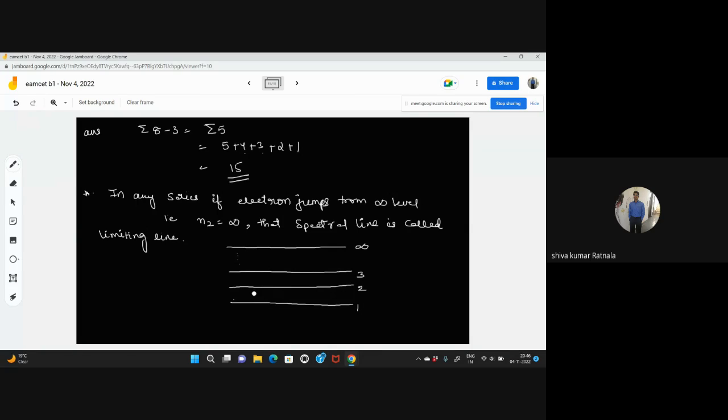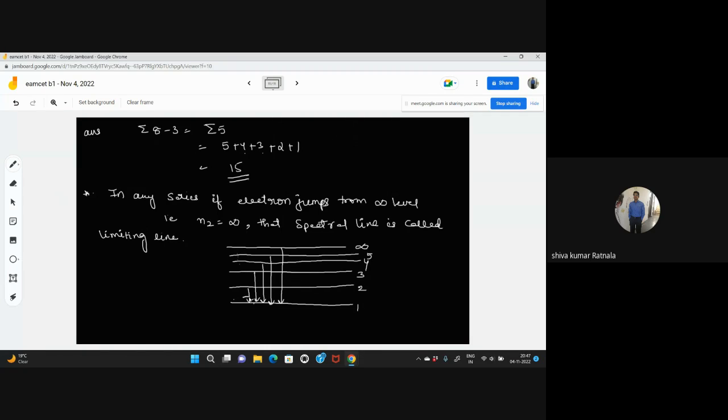If an electron jumps from second level to first level, or from third level to fourth level, or from fourth level to first level, similarly from fifth level to first level, and so on, it will go up to the infinite level to first level.